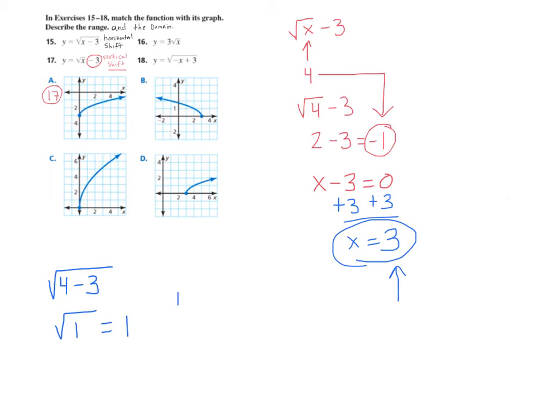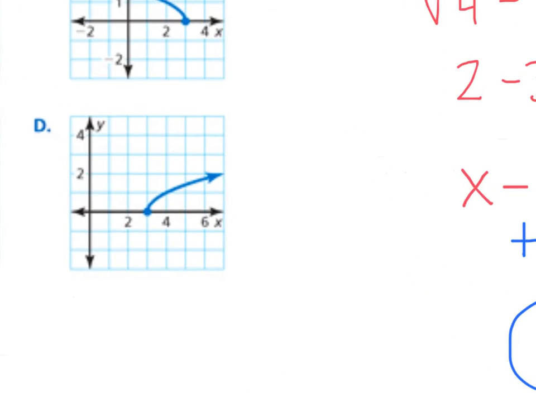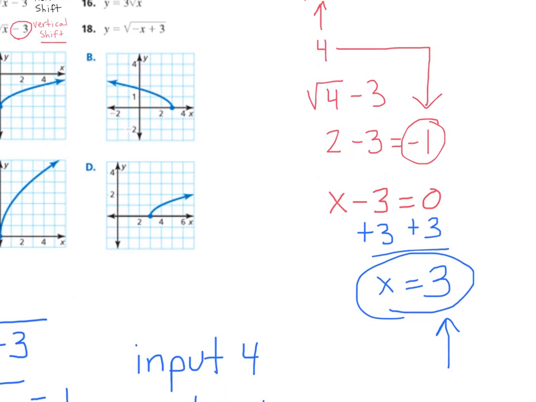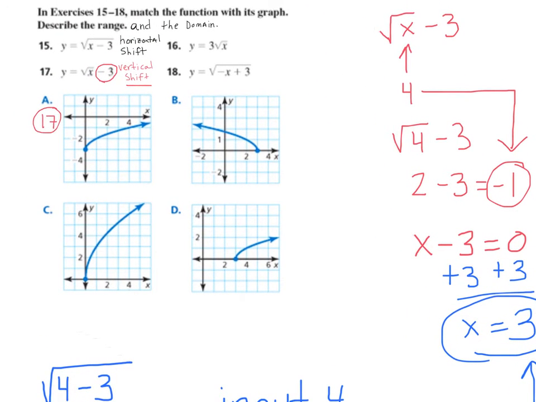So when I input 4, my output is 1. Let's look at the graph and make sure that's what we want. When I input 4, my output should be 1, and it is. So definitely D is 15. I'm going to write a 15 right here.